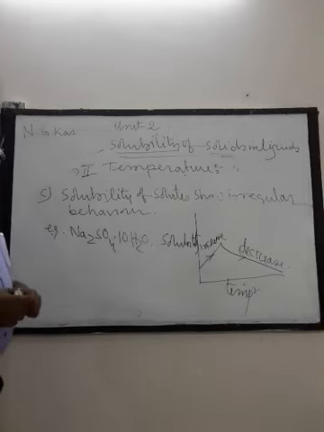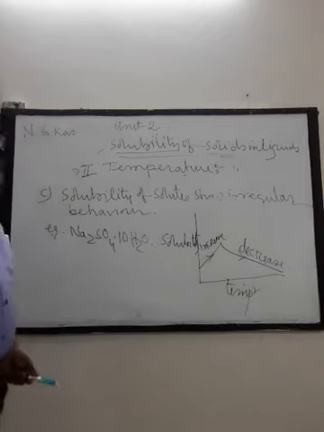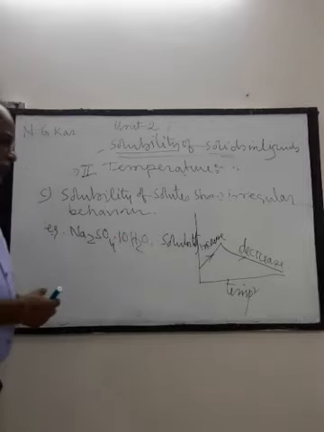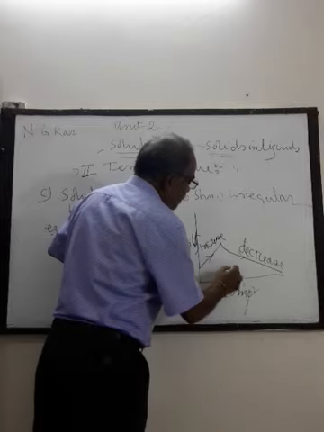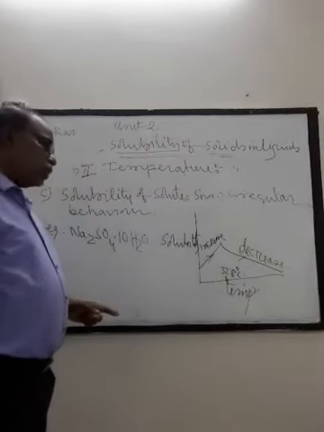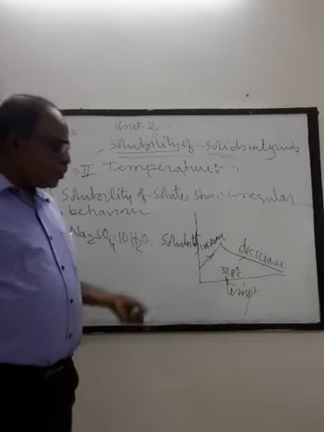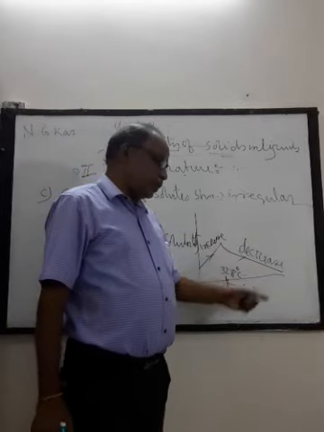In sodium sulfate decahydrate, when treated in water with increasing temperature, the solubility of this solid increases, and this continues up to 32.8 degrees centigrade. On further increasing temperature the solubility decreases.